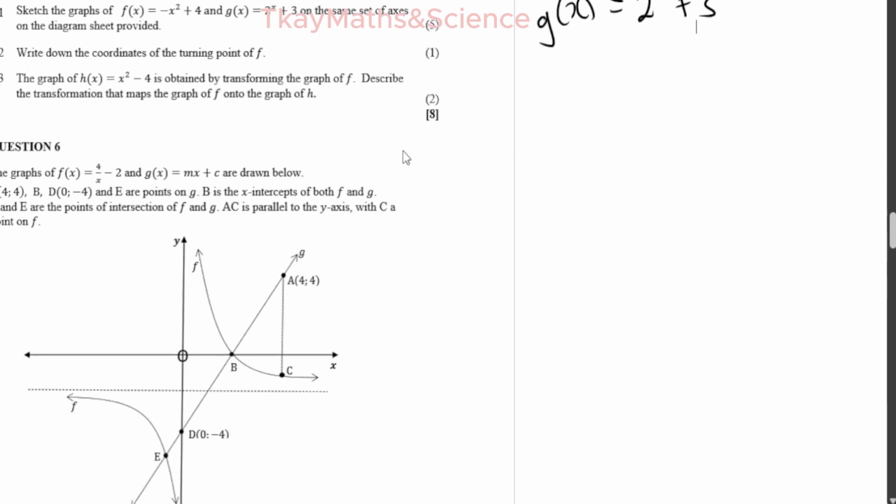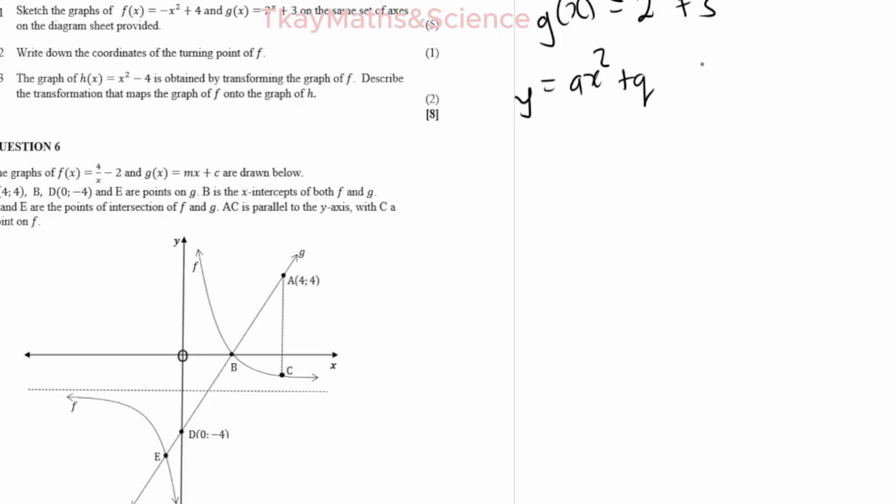Okay, so let's look at the characteristics of the two graphs. We see here a form y is equal to a x squared plus q. This is a parabola, which comes with a quadratic form.